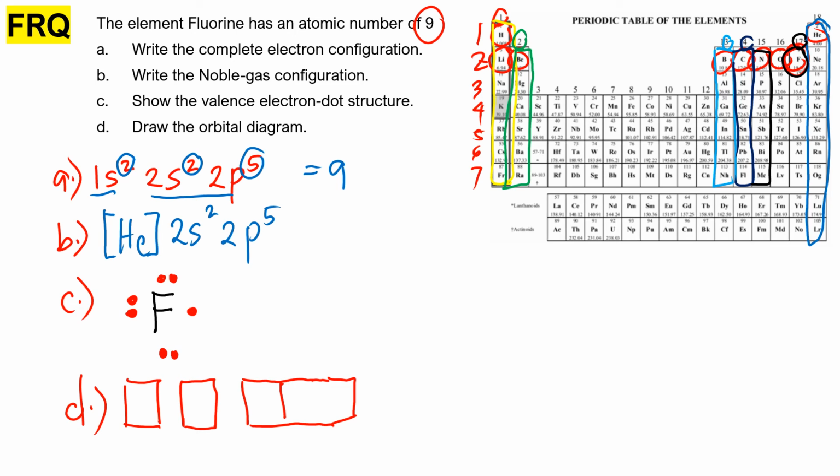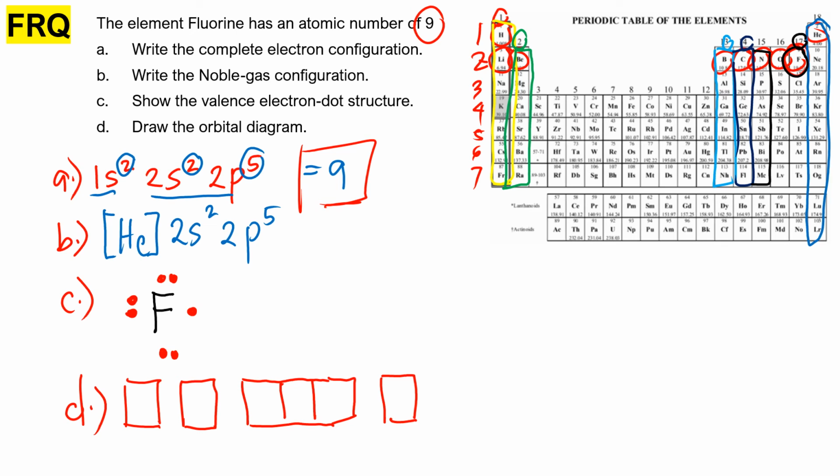Take note, my 2p orbitals have 3 sublevels. Then the third level, 3s, and so on. It's really very easy for fluorine, which has an atomic number of 9. So we will just distribute that in our orbital diagram.